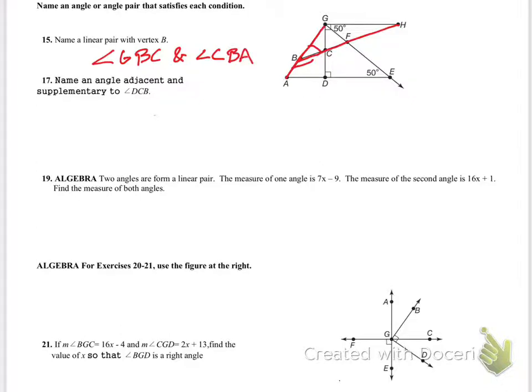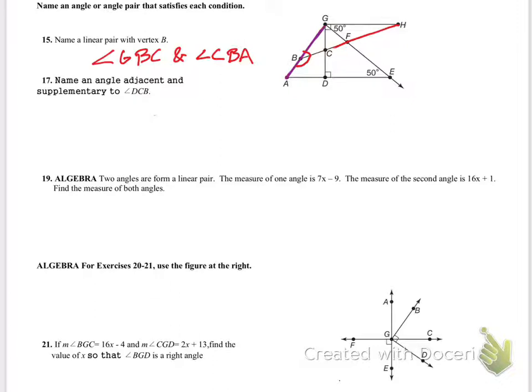So what we see here is that they share this same line right there, and the vertex is B for both of them. We're good to go.